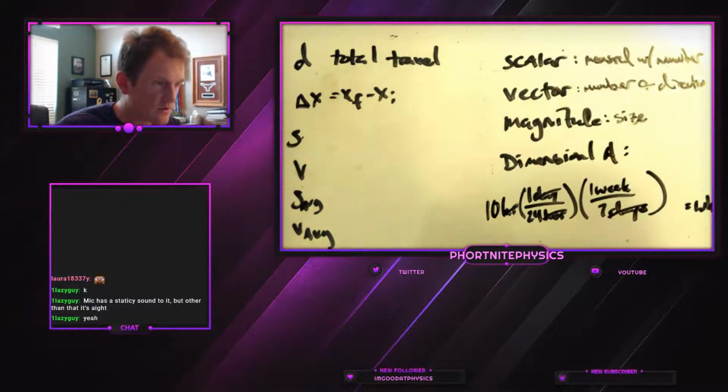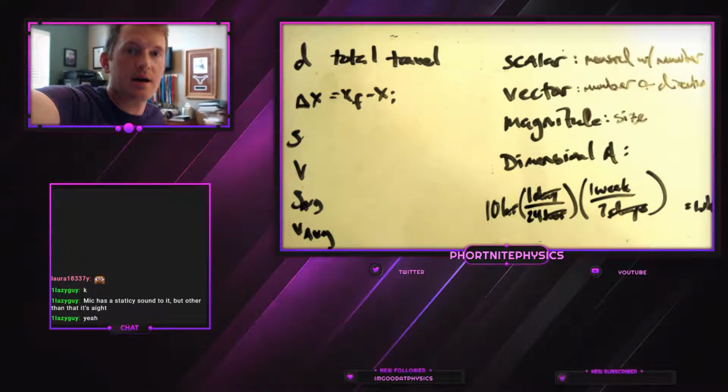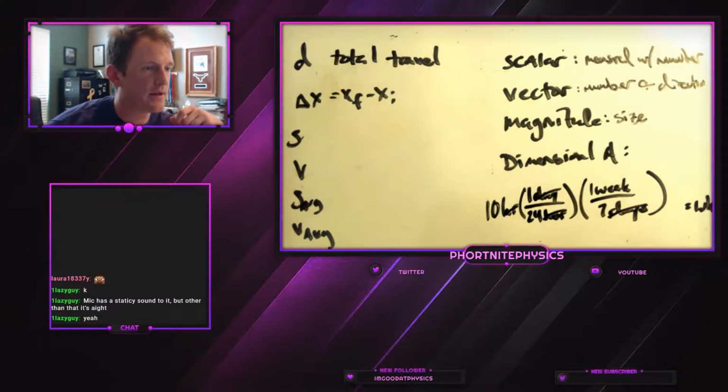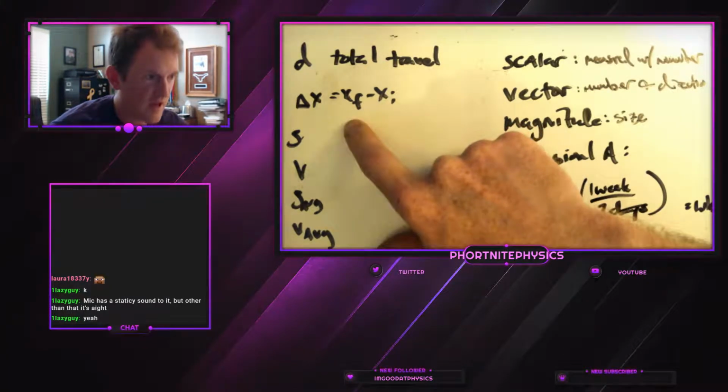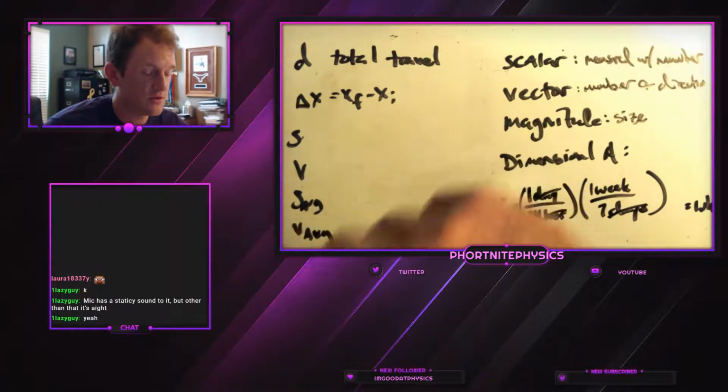Now, the reason this is a little different than position is because it's how far you are from your starting point, not where you are in relation to the origin. It's where you are now compared to where you were before. Okay, so your final position subtracting your initial position.